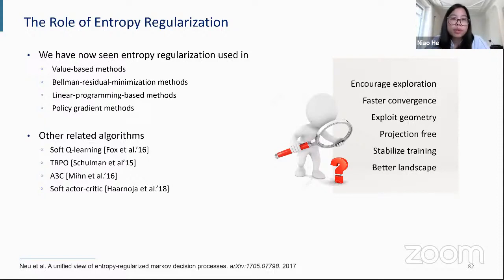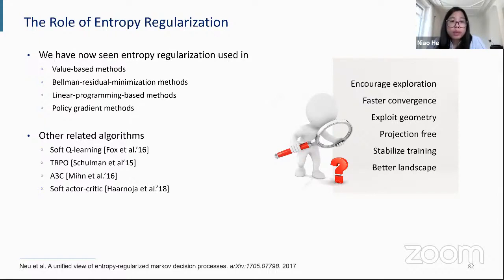I think we have seen this used on many occasions. In the value-based methods, like the soft Q-learning algorithm, and in Bellman residual minimization problems, like in our SBEED algorithm, we use this to smooth out the max operator as well. And in the linear programming-based methods, we use this extensively to optimize over the simplex set, or the probability distribution set, to get better convergence guarantees.